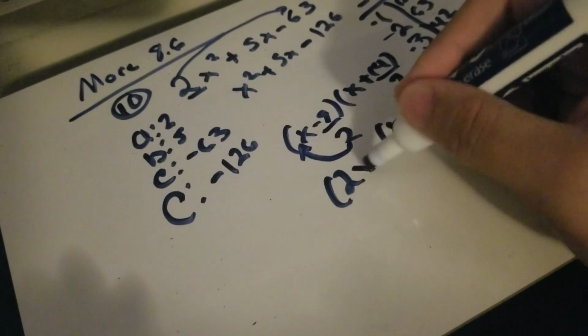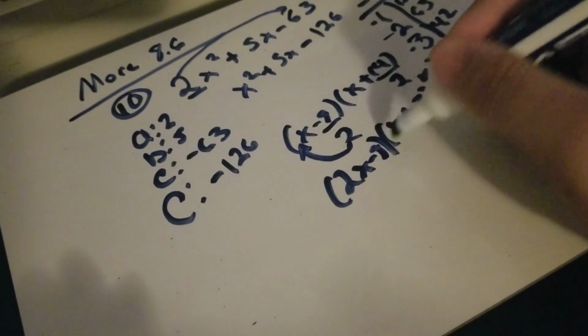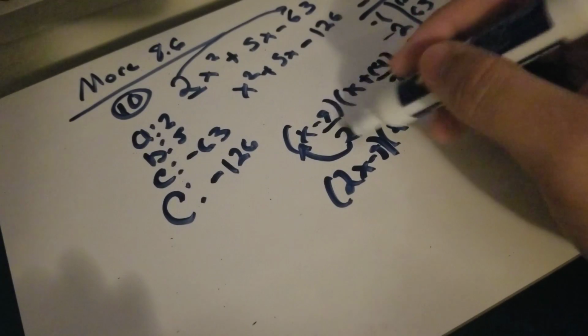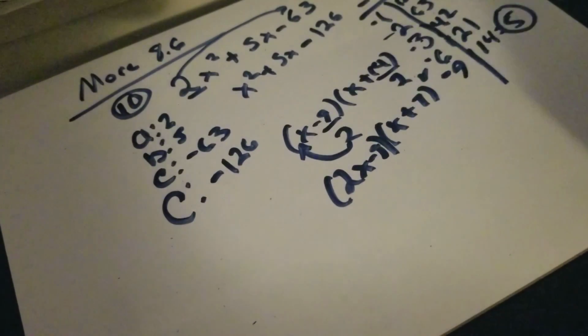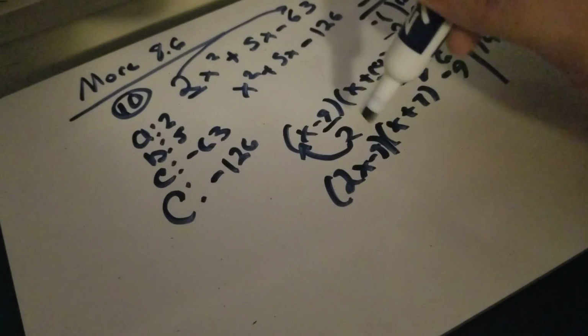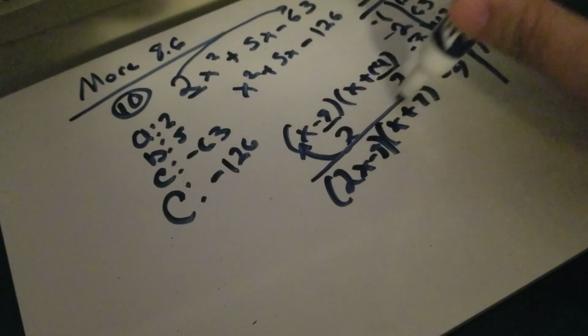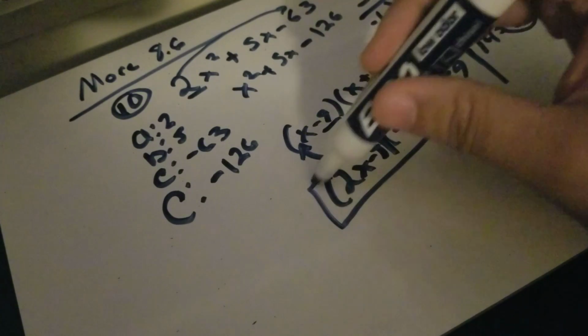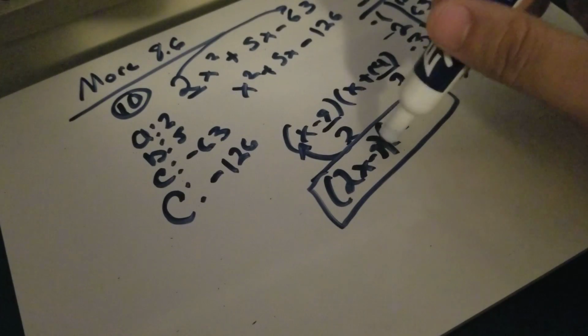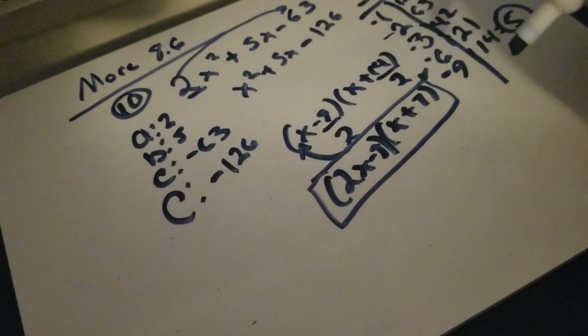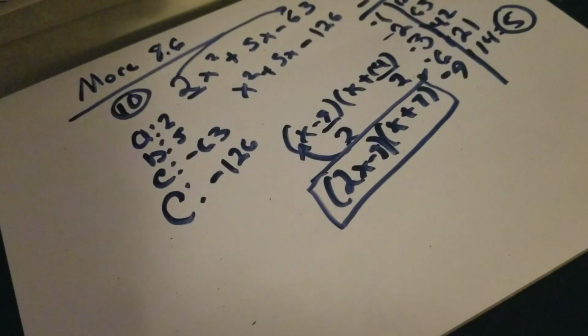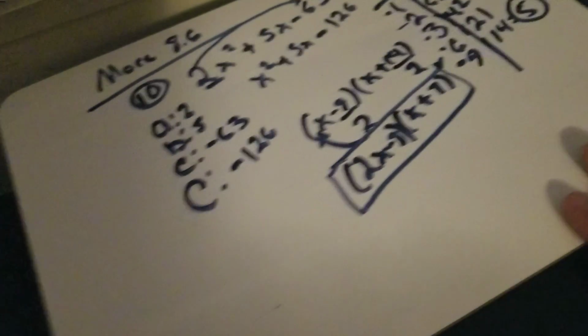So we get 2x minus 9. This fraction does not simplify at all either. 2 does not go into 9 at all. If it could simplify, we would first. So your answer is 2x minus 9 and x plus 7, okay? So that was number 10 from the homework.